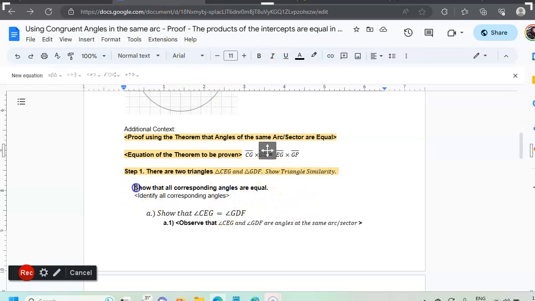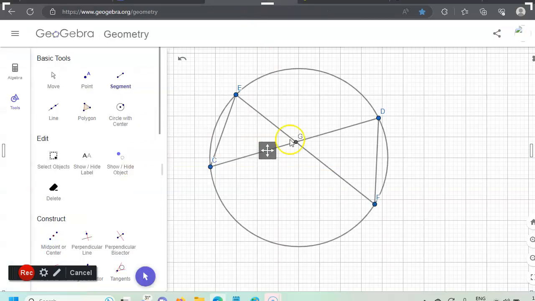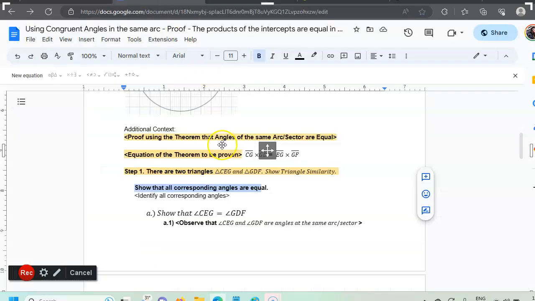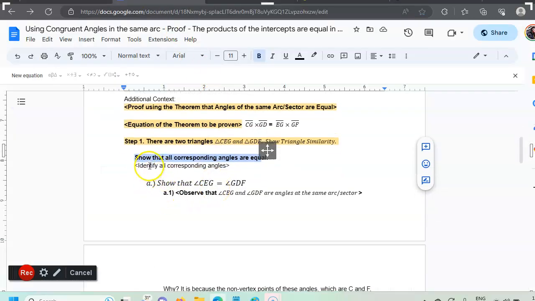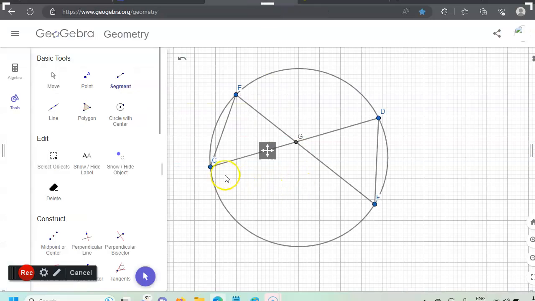How? First, we are going to show that corresponding angles are equal. How? We are going to first identify the corresponding angles. Angle CEG or angle E corresponds with angle D or angle GDF.